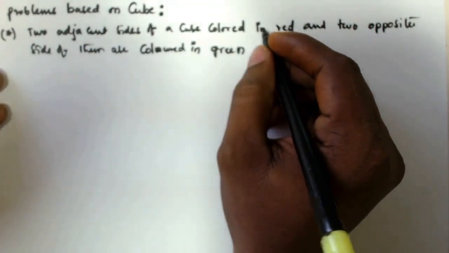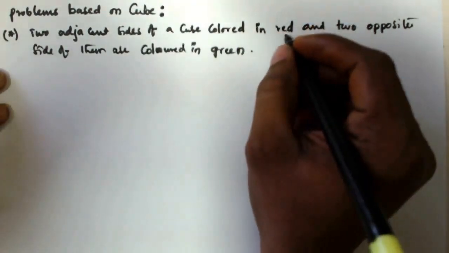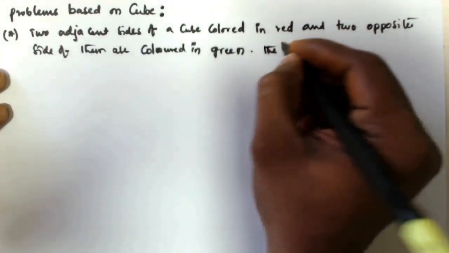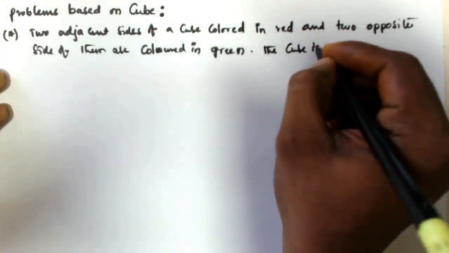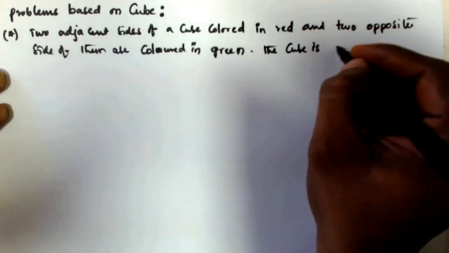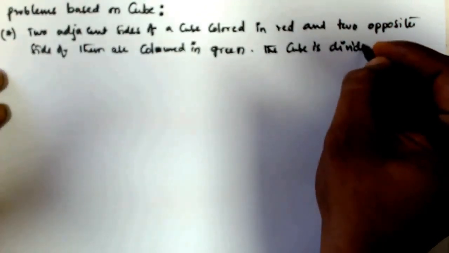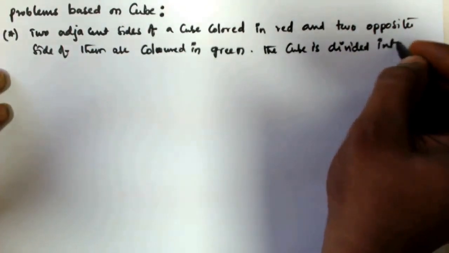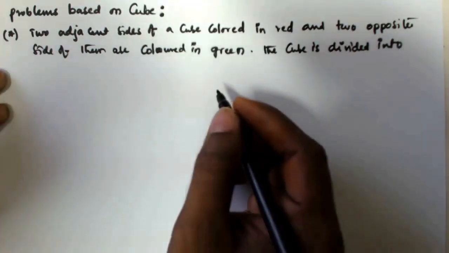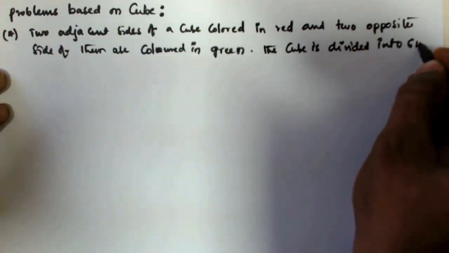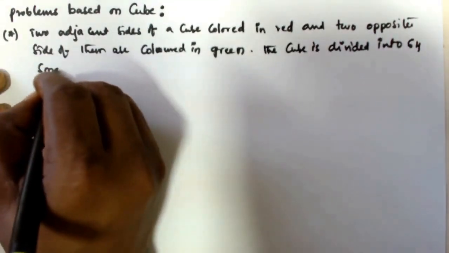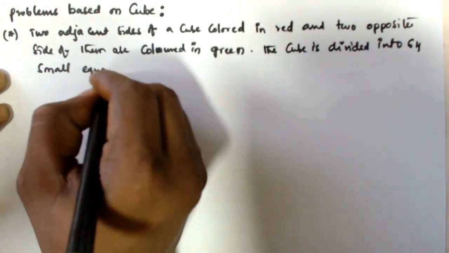The cube is divided into 64 small equal cubes.